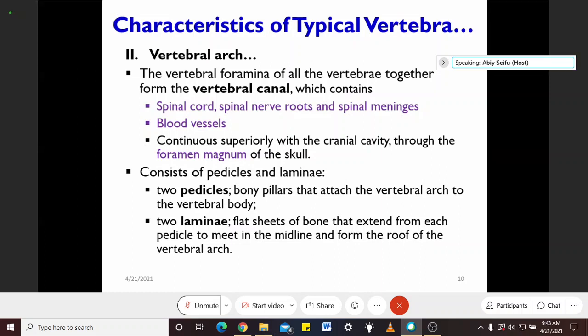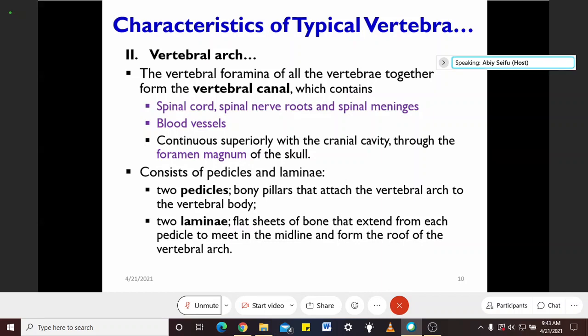Now, this vertebral arch is composed of two structures, the pedicles and the lamina. The pedicles are the bony pillars that attach to the posterior surface of the vertebral body and form the lateral walls of the vertebral foramen.